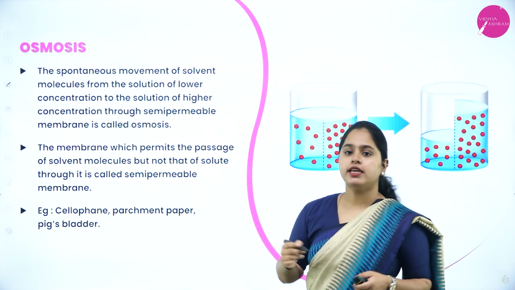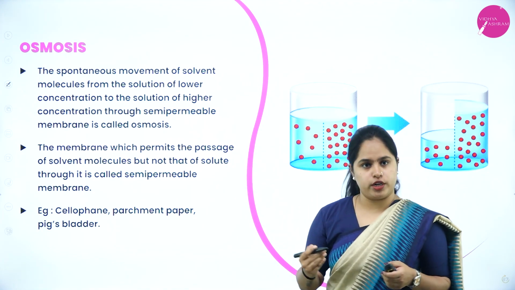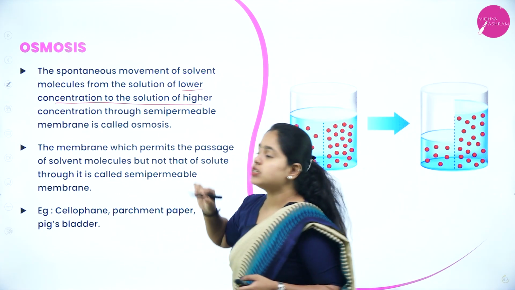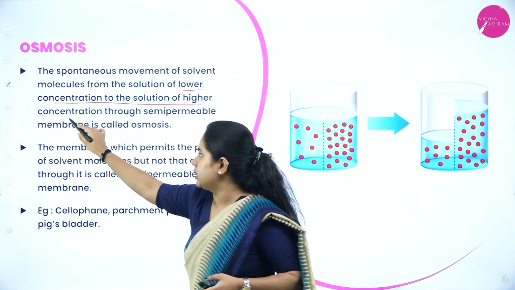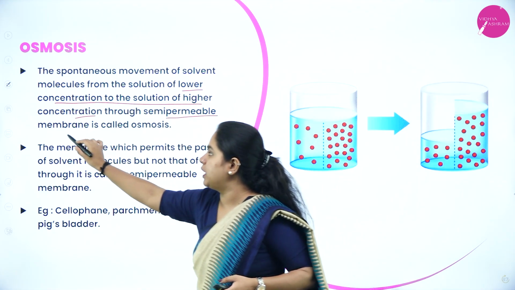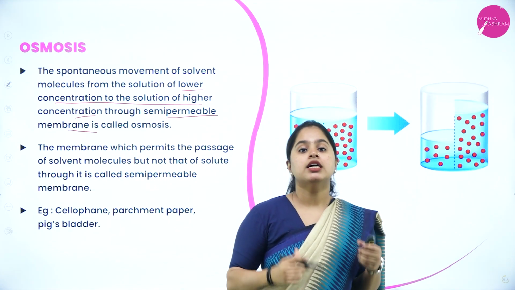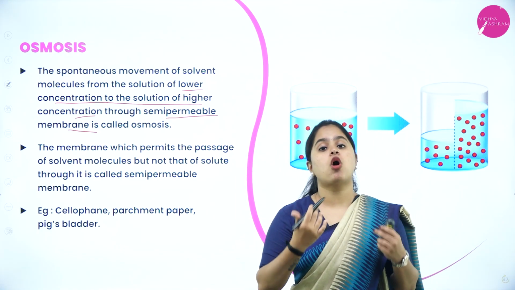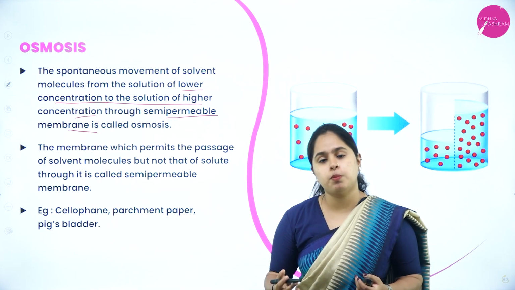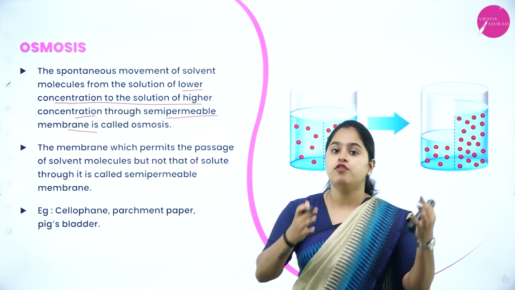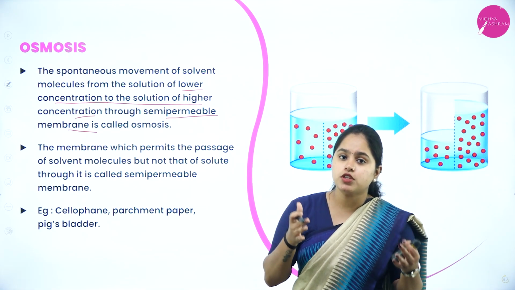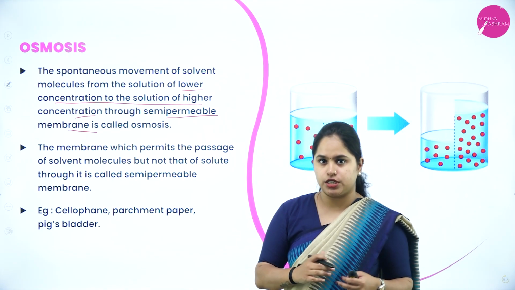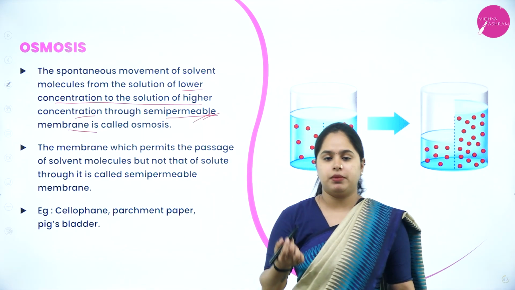It is the spontaneous movement of solvent molecules from the solution of lower concentration to the solution of higher concentration through a semi-permeable membrane. Okay, so it is the movement of the solvent molecules or solvent particles from the solution having lower concentration to the solution having higher concentration through a semi-permeable membrane.